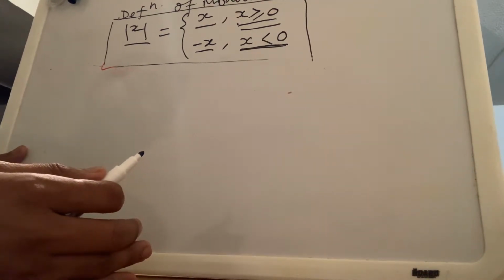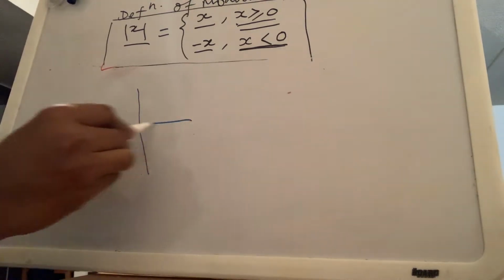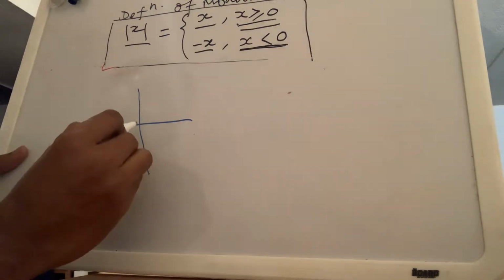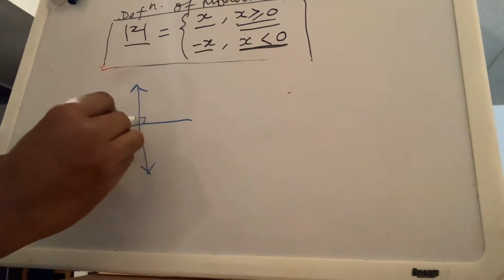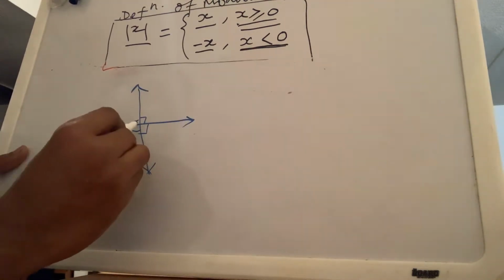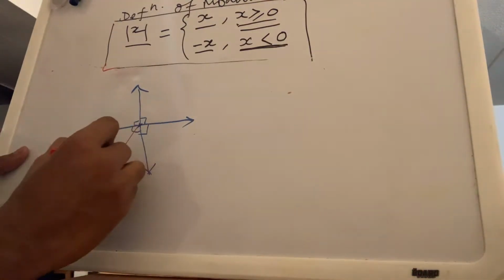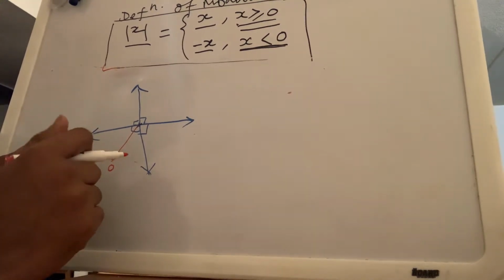In mathematics we draw two lines like this, making 90 degrees to each other. This point is the origin, which is always 0.